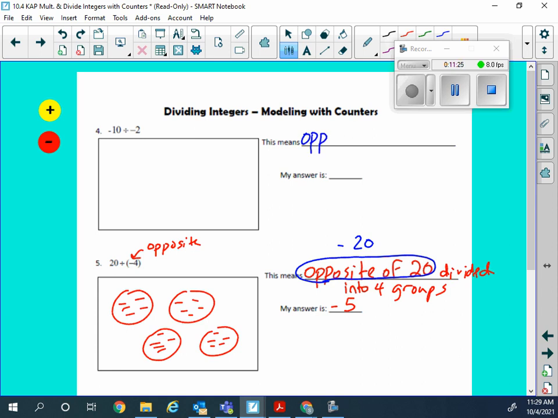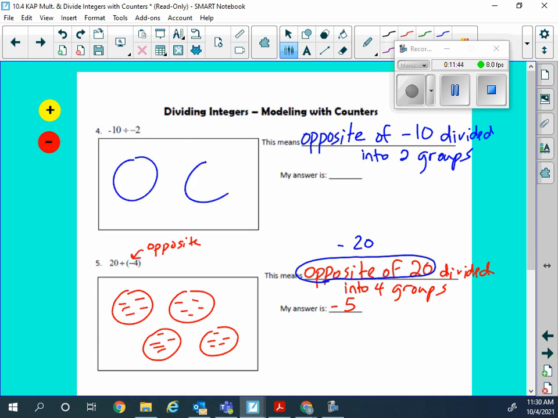The opposite. Okay, so if I'm going to say the opposite, what I'm going to take the opposite of negative 10, right, divided into 2 groups. Okay, so I've got my 2 groups, but I need the opposite of negative 10 to divide it, right?